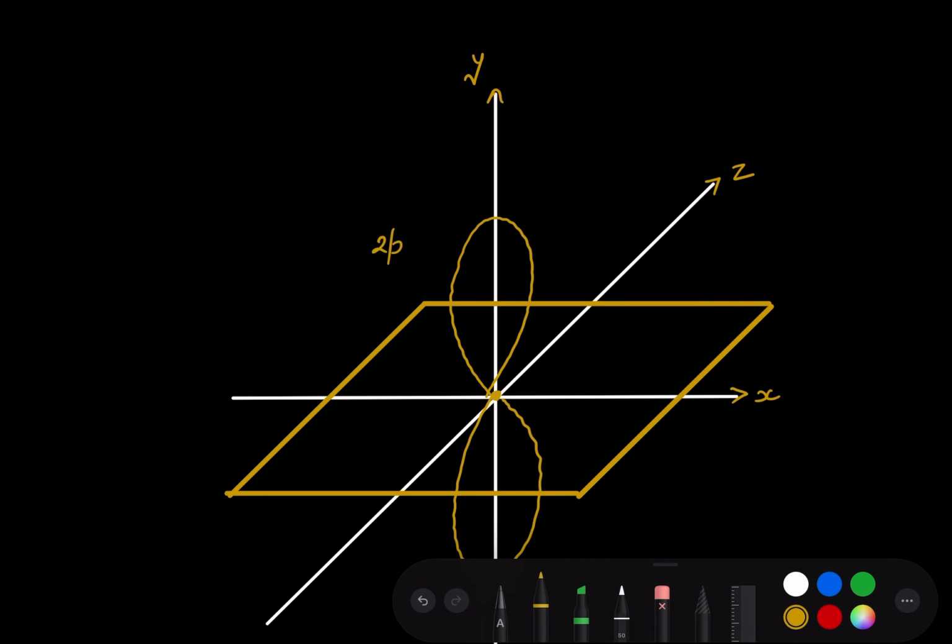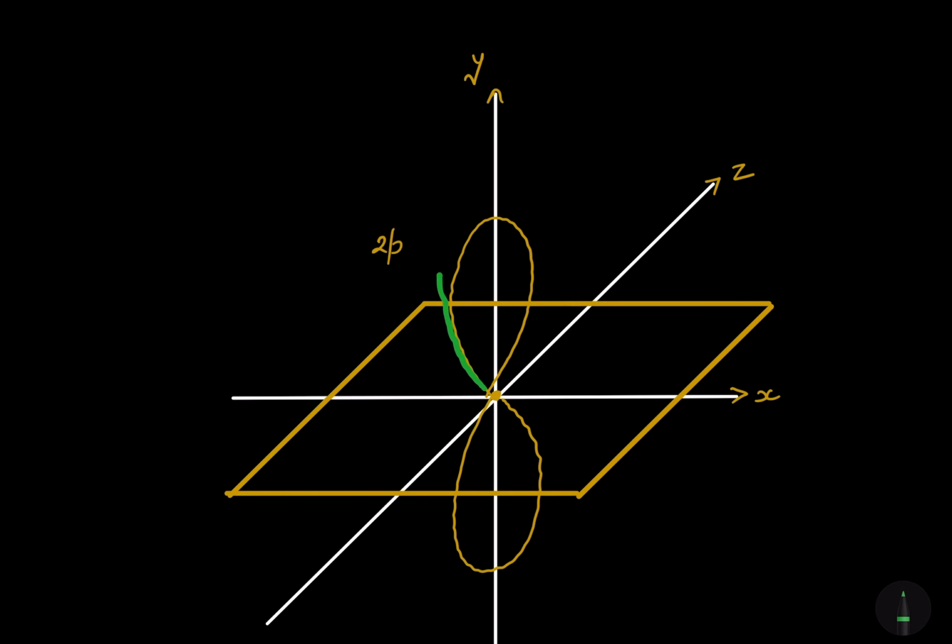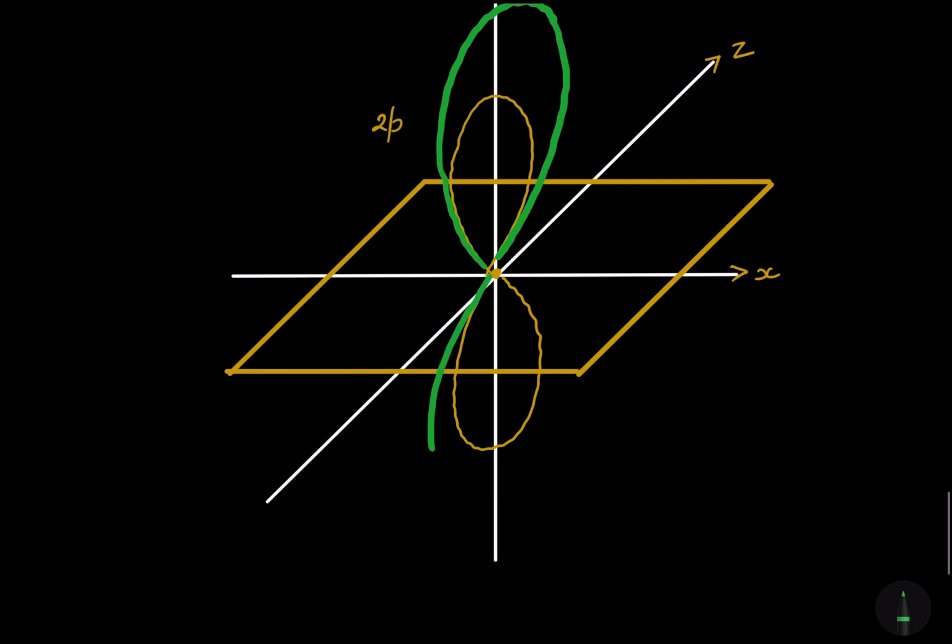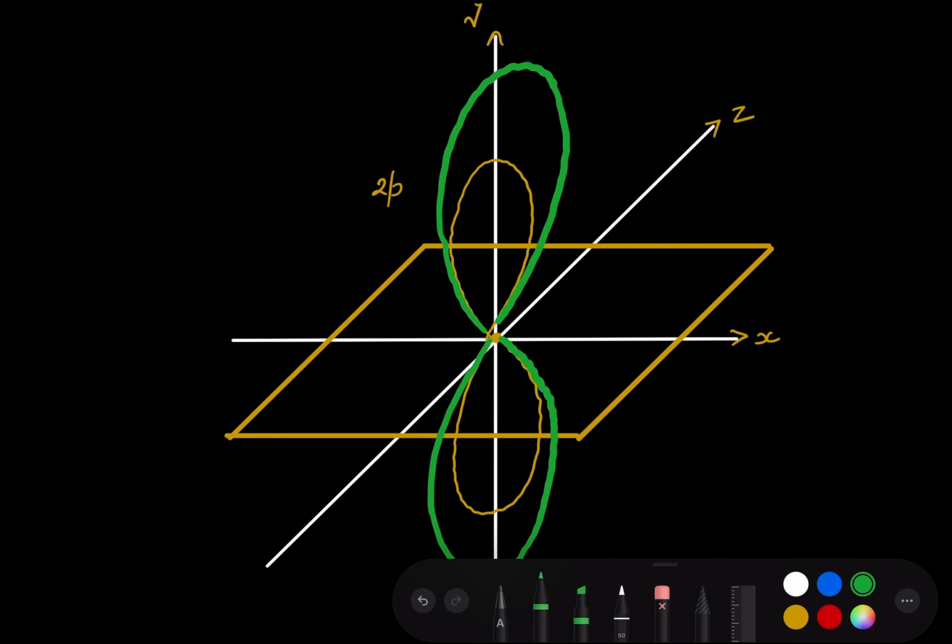So I'm now drawing the 3p orbital. 3p is in shape like this. That's the 3p. So 2p is present within the 3p. That's my 3p.